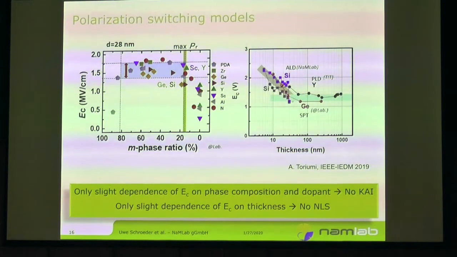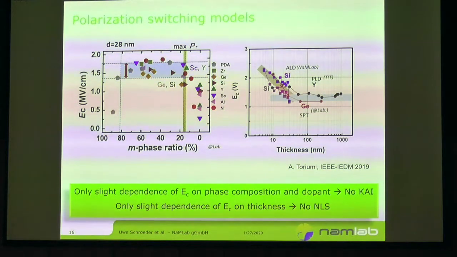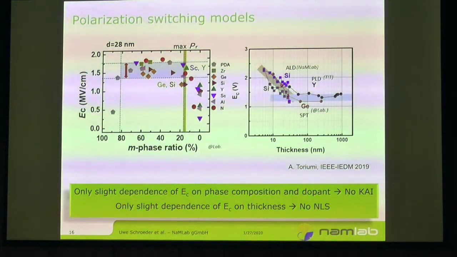The first thing was that if you look at the coercive field with a different mixture of the polar phase of the hafnium oxide and a non-polar phase in the same film, the strange thing was that the coercive field is quite constant.